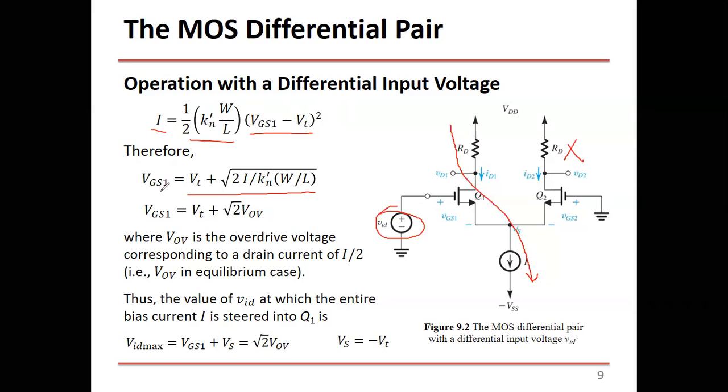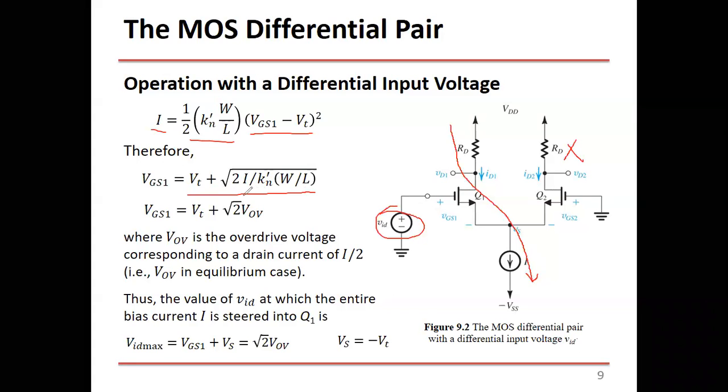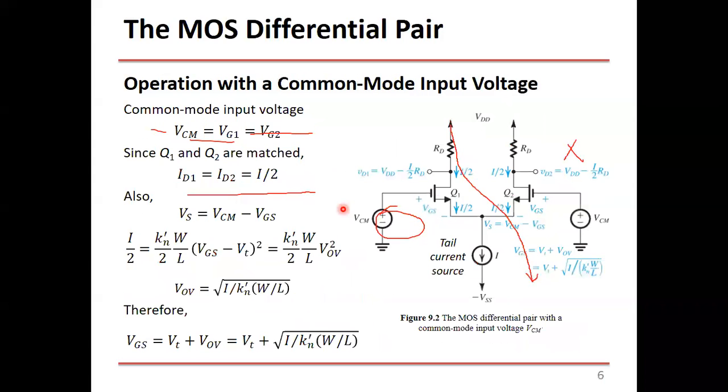So VGS1 has to be V threshold plus this quantity here. If you remember, this quantity is the square root of 2 times I divided by Kn prime times W over L. A few minutes ago, we proved that this is called V over drive without the 2. So V over drive in the common mode equals this without the 2 here.